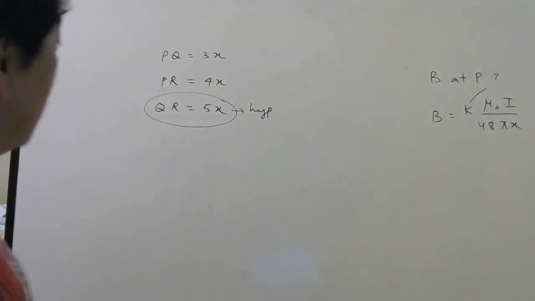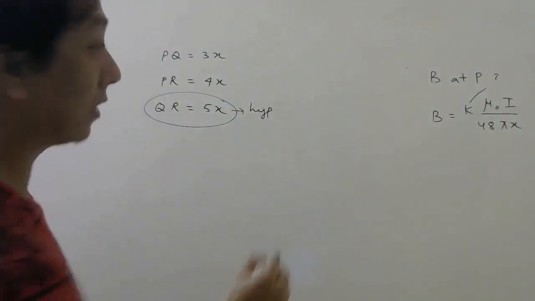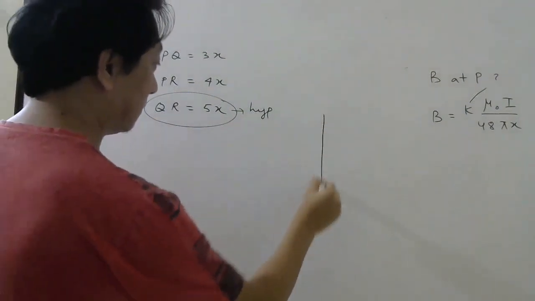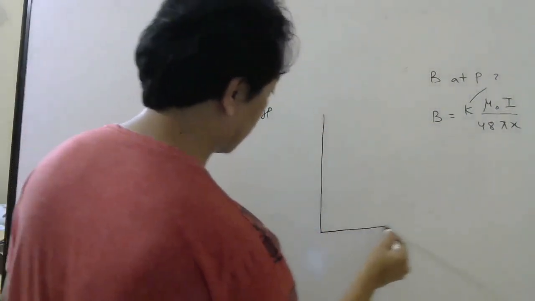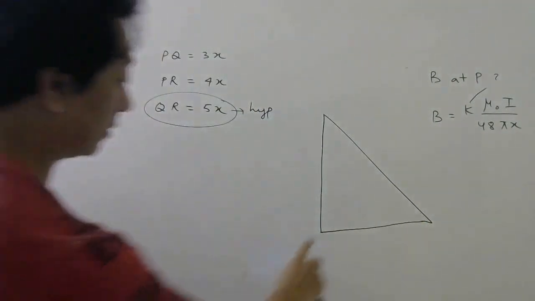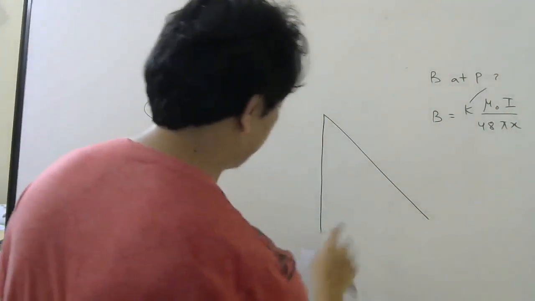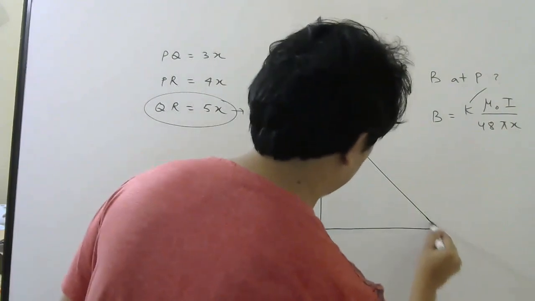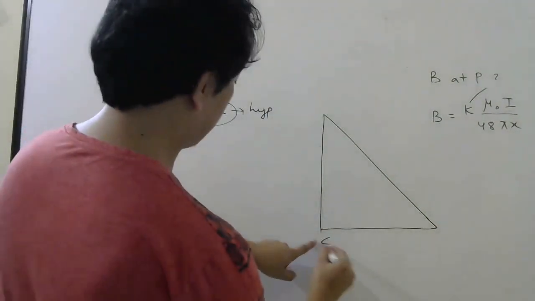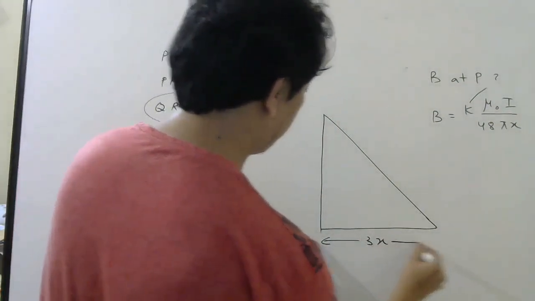So first let us draw the loop. Okay, let us draw a big diagram. Okay, not very perfect. Now this shorter one should be 3x.